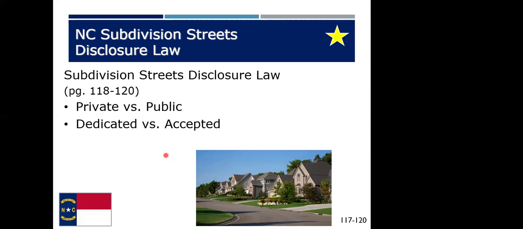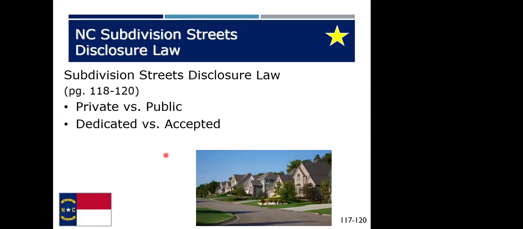So the developer dedicates at the beginning of the creation of the subdivision, the developer dedicates the street as private or public. And if they dedicate it public, DOT is going to tell them how they want their streets built. DOT says, if you want us to maintain it, you're going to build it our way.